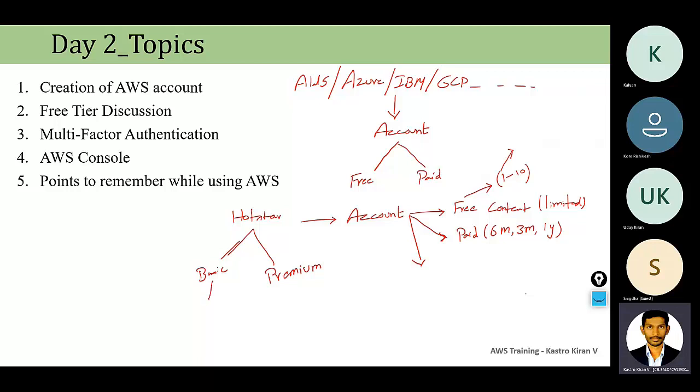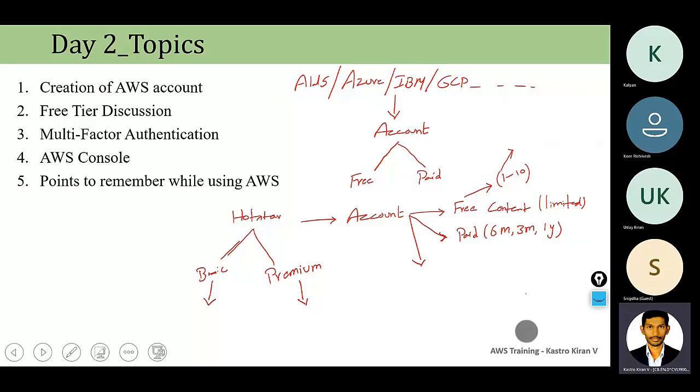In the basic account, you might not have access to all the video contents or all the features available in Hotstar. Maybe limited restrictions and limited access will be there. But if you buy a premium account, obviously you'll have unlimited access. You can access any kind of TV programs, any kind of movies which are available in Hotstar.